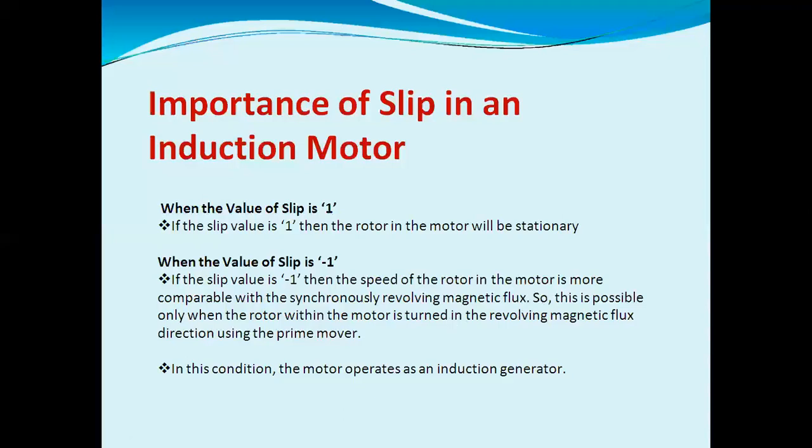This is possible only when the rotor within the motor is turned in the revolving magnetic flux direction with the help of a prime mover. So it means that with the help of some external prime mover, the rotor is run beyond the synchronous speed. So this is the general concept of the induction generator. This is the condition when the motor operates as an induction generator.